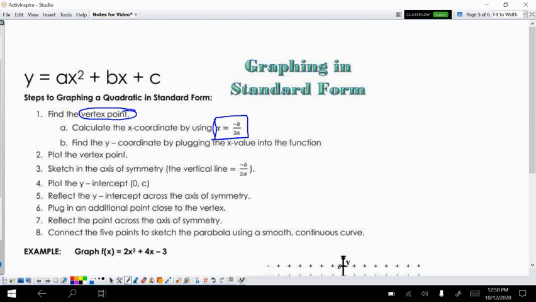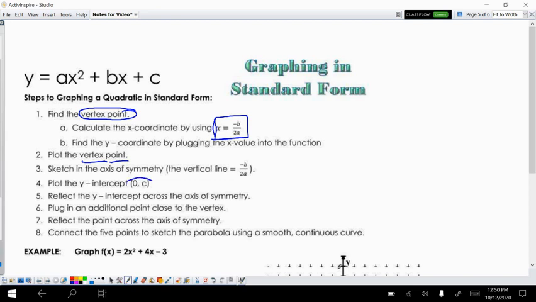So we're going to look at those coefficients and do the opposite of b over 2a, and that's going to give us the x-coordinate of our vertex. Once we know the x-coordinate, we can plug that back in to find our y-coordinate, and then we know the vertex. The x-coordinate of the vertex is always the axis of symmetry, so we can plot that.